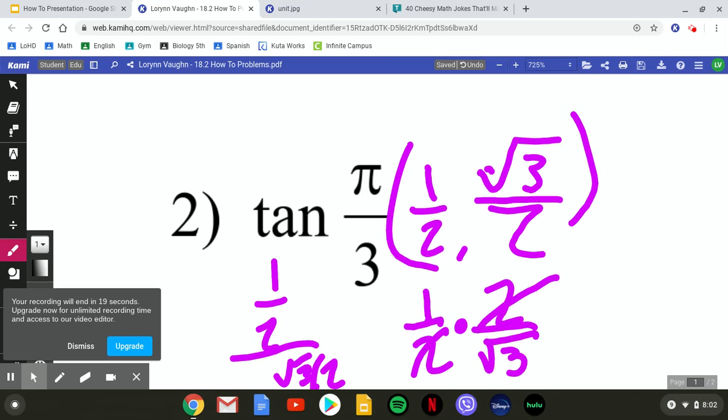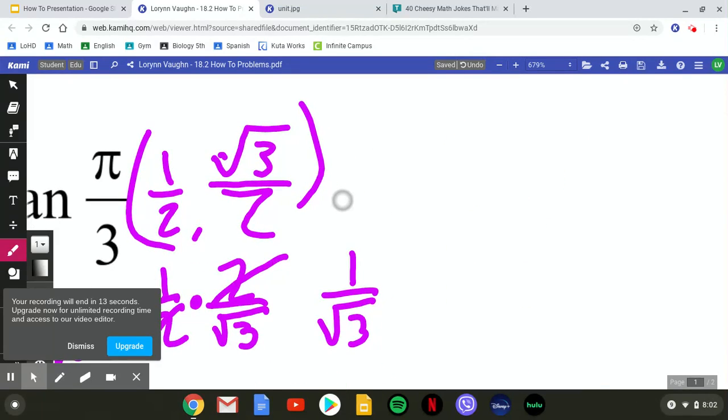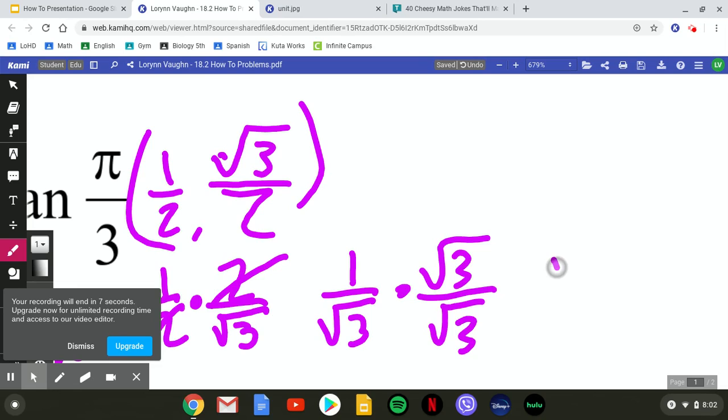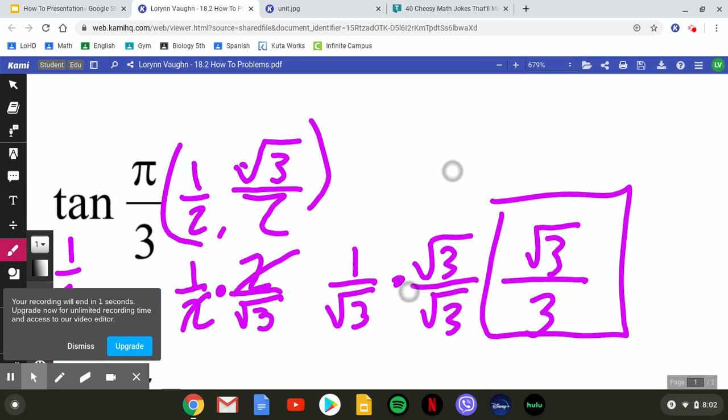Those cancel out, so it's 1 over square root of 3. And to rationalize that, you just multiply it, and you get square root of 3 over 3 for your answer.